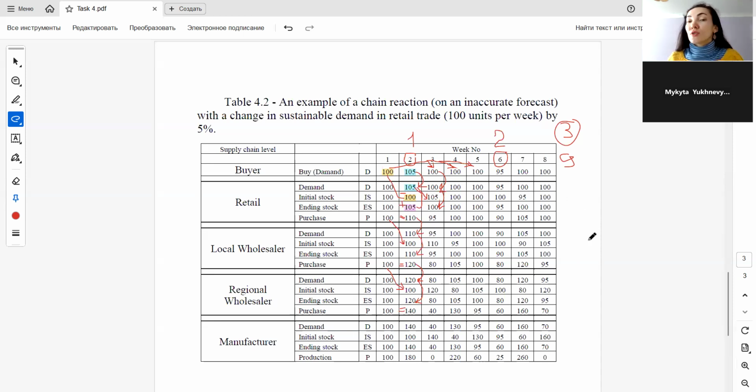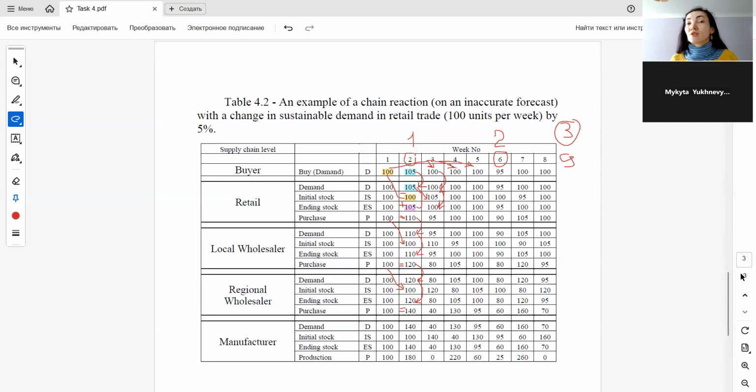No, we need to calculate until the last week is the same as the first week in every position, manufacture and production. The changed demand could affect everything in the future, and we need to find when it stabilizes. So we find in which week it is the same as the first week, and we could stop.